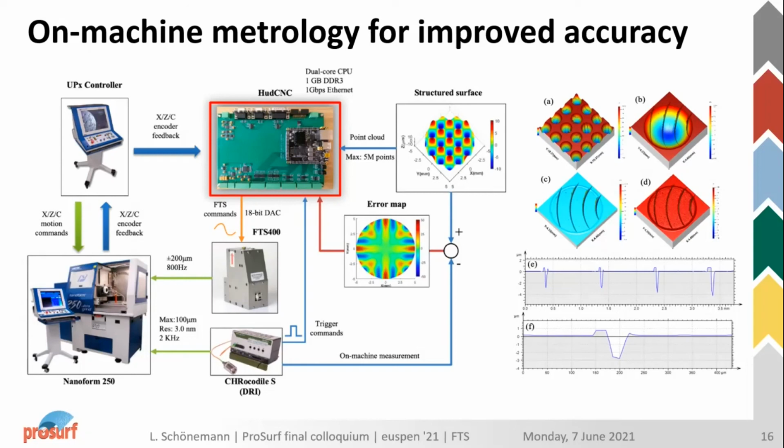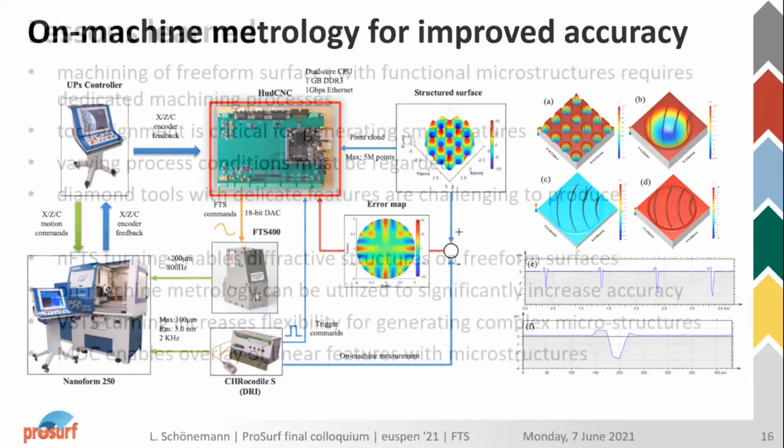It's simply that Huddersfield used in-machine metrology to get an error map of the surface and fed that back to the Fast Tool Servo control, and thereby was able to significantly improve the performance of the FTS machining process in this case.